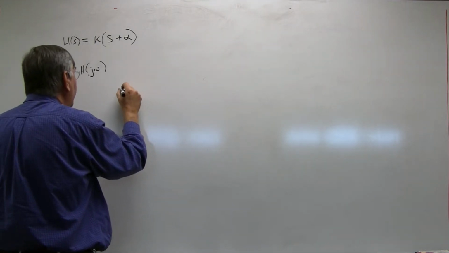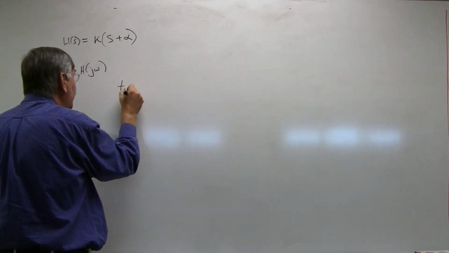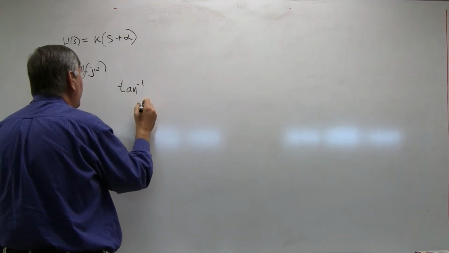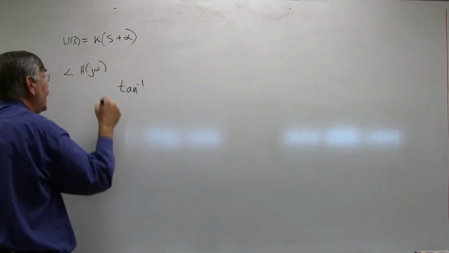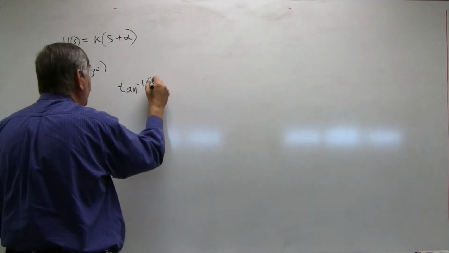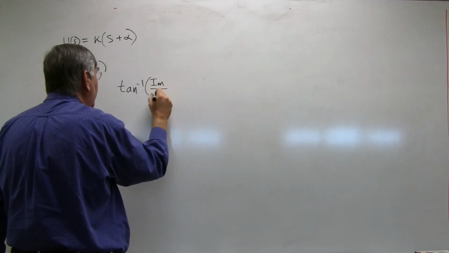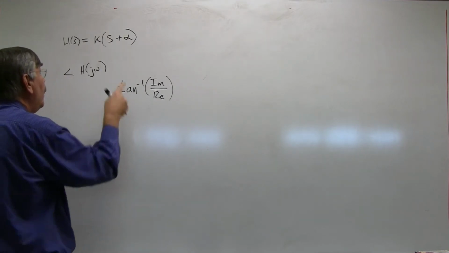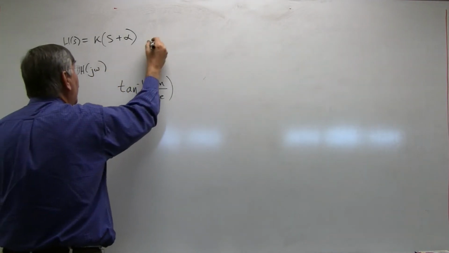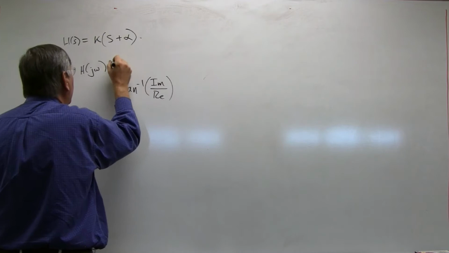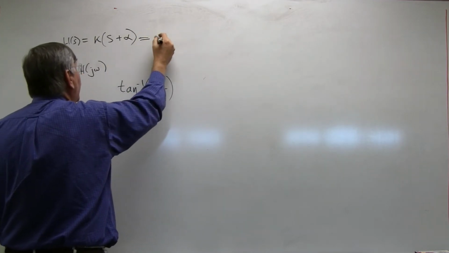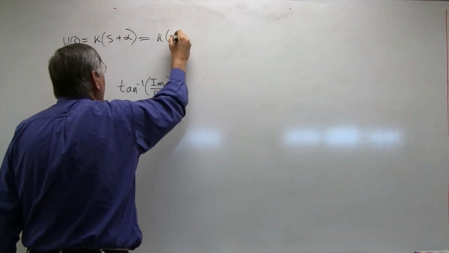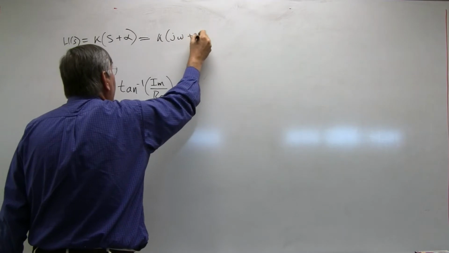And it turns out that we need to know something about the inverse tangent function. The phase of a complex number is the inverse tangent of the imaginary part over the real part. Okay? And so in this case, for s equals j omega, the constant doesn't matter, times j omega plus alpha.